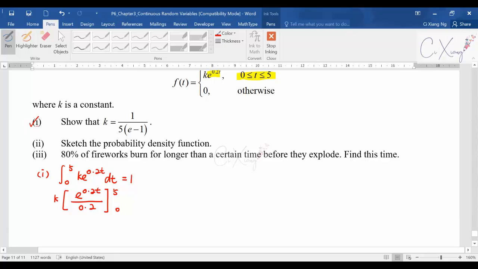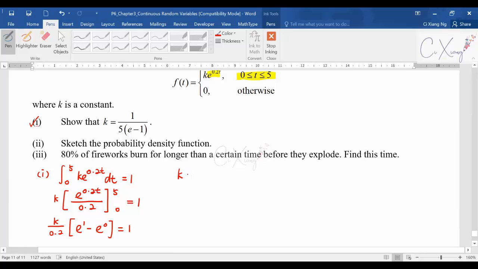Then you substitute the values 5 and 0 and let it equal 1. Now you start to put in the 5 and the 0 into t. 0.2 is a constant, I prefer to take it out. Substitute 5, you get 1 minus e power 0, and it equals 1.